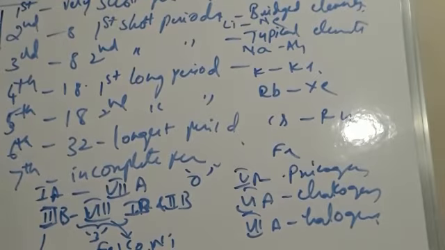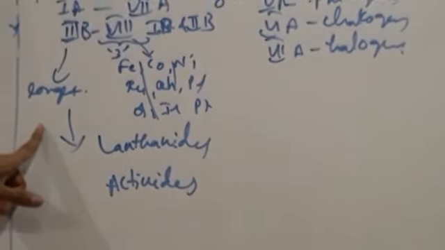In inner transition elements, 2 series of elements are there: lanthanides and actinides. All these elements belong to the third B group only. That's why this is the longest group in the modern periodic table.